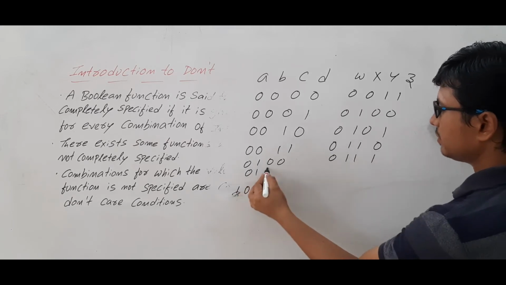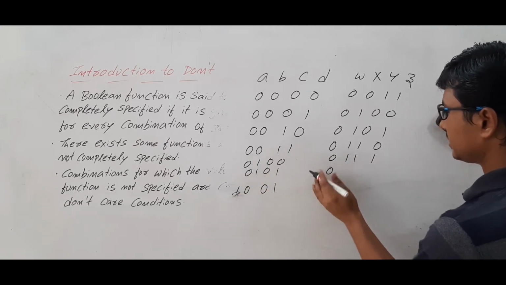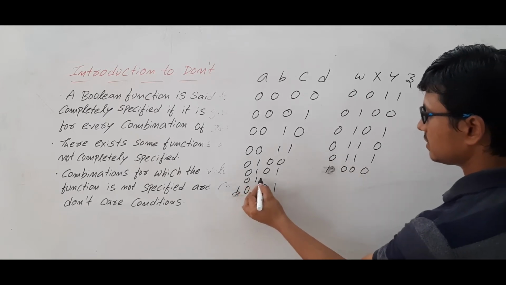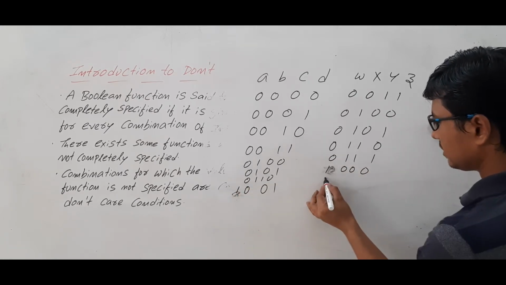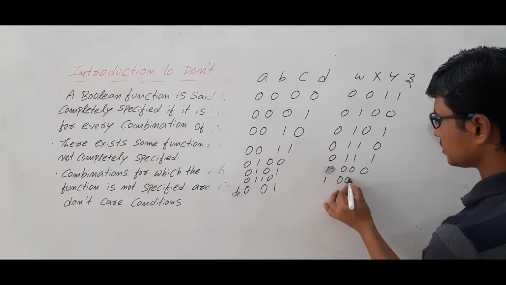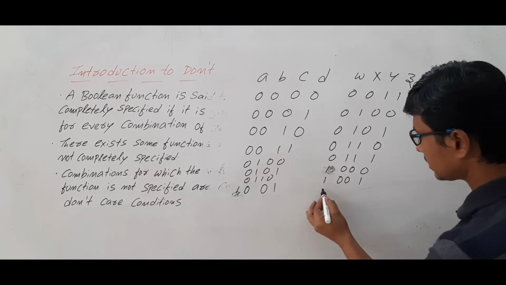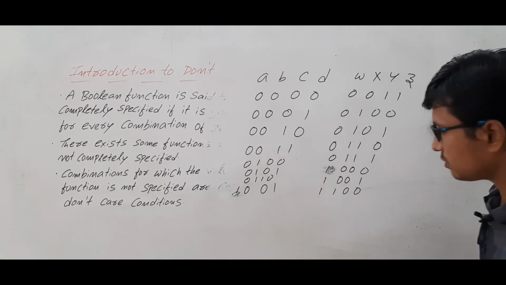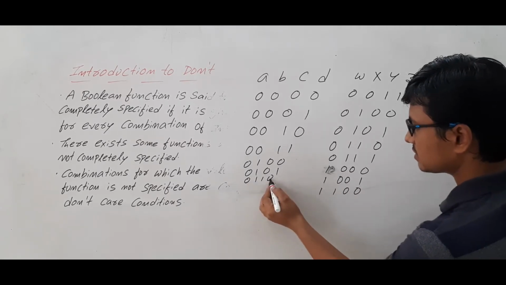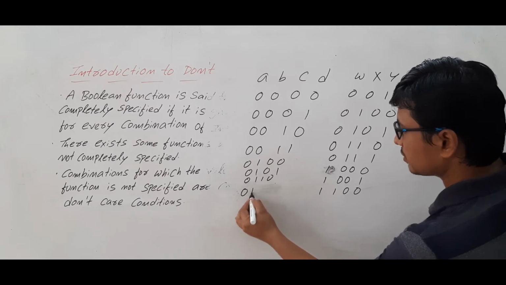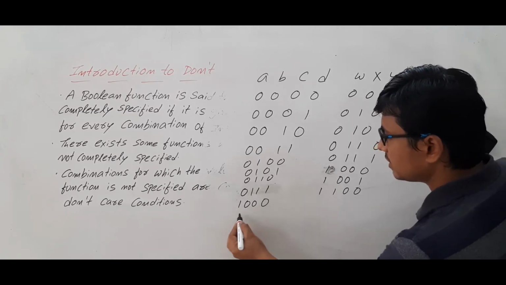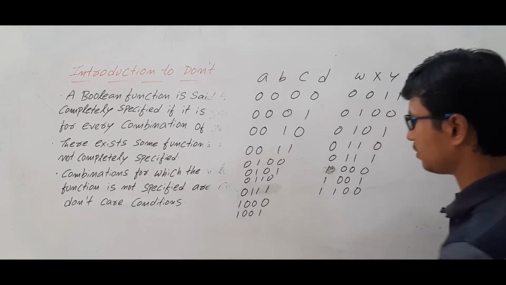For 5 you will get 8. For 6 you will get 9. Are you able to understand? 9 is 1001. Then you will get 10, 1010, then you will have 11. This is 6, then you will have 7. Then for input 8, and for 9 also you will have.